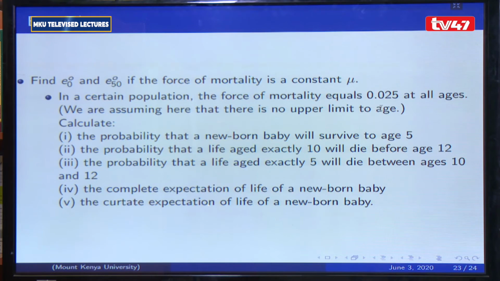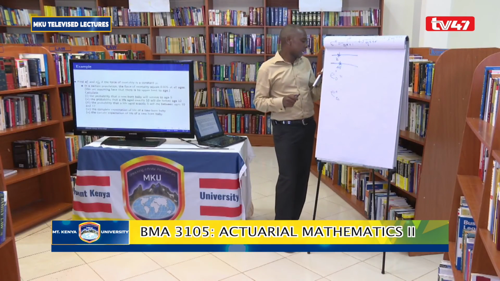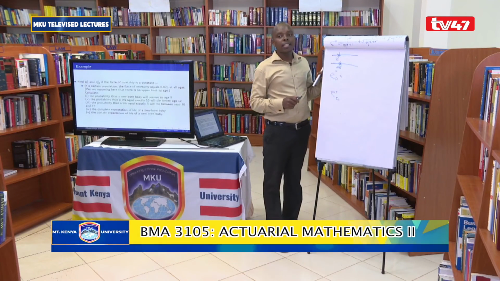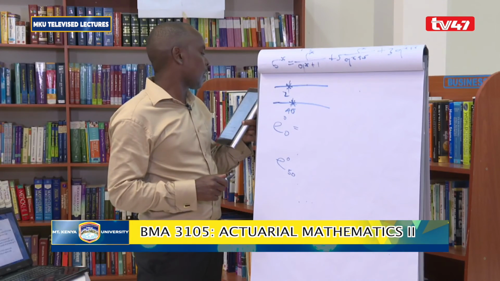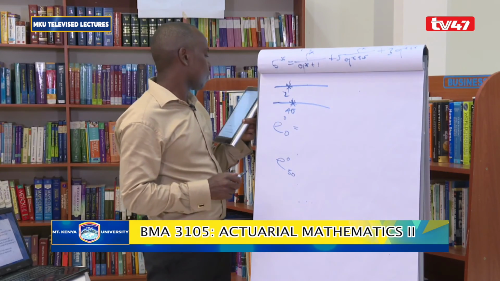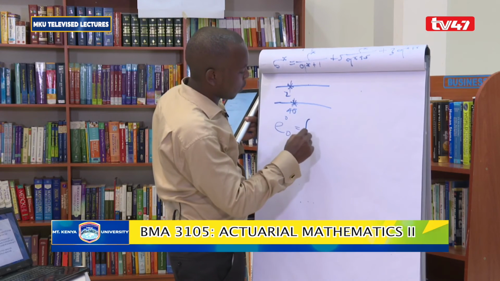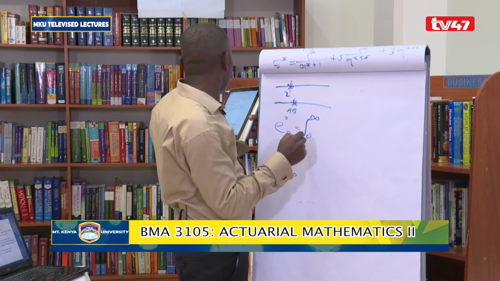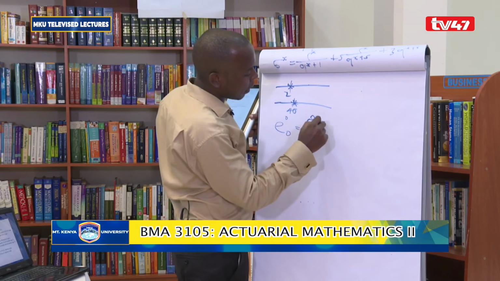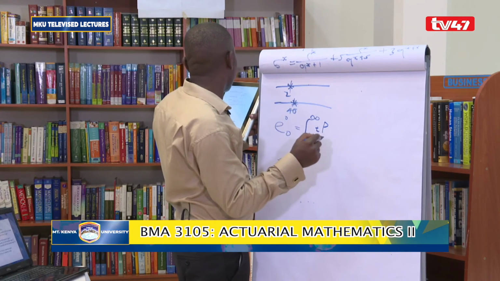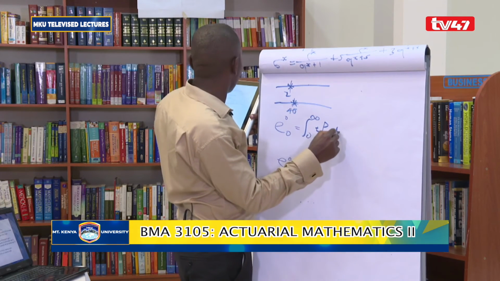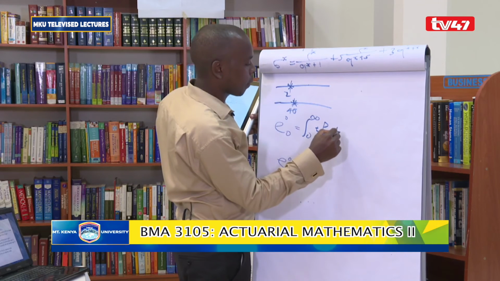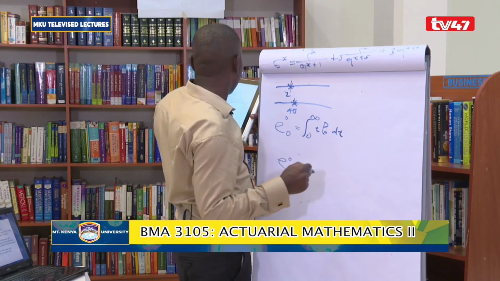So from the table that we had, we can easily find the future lifetime by integrating from 0 to infinity the probability that a life survives to age t, dt.